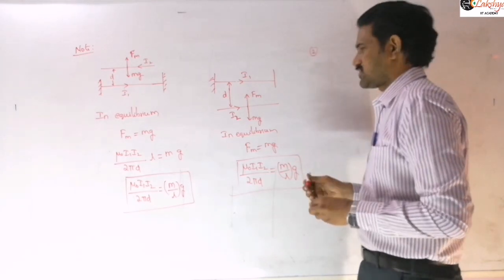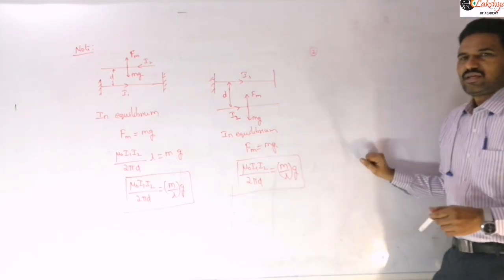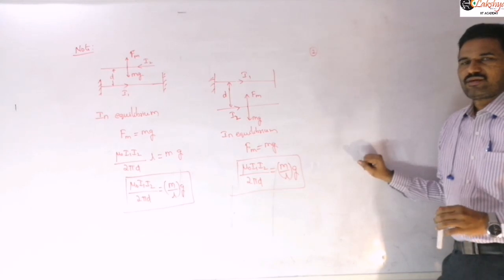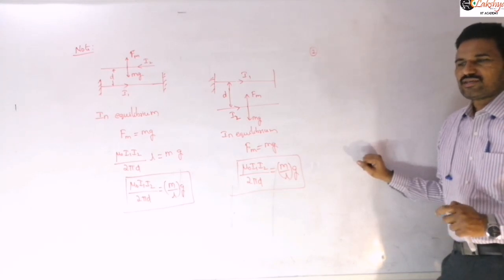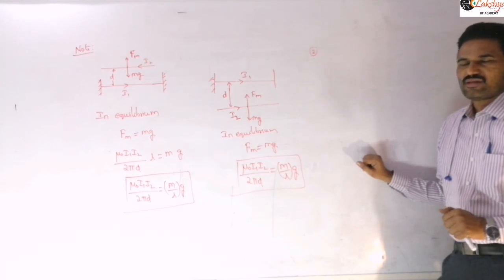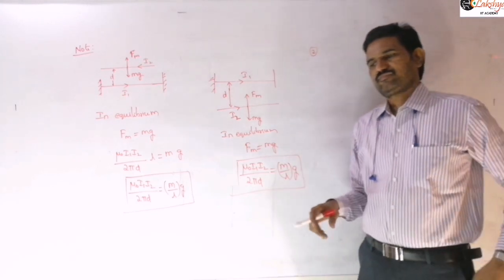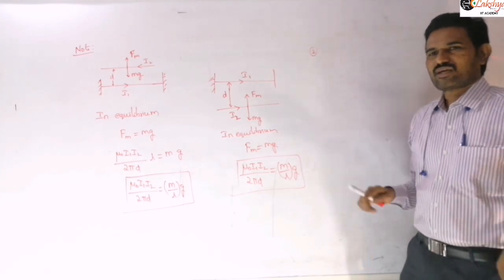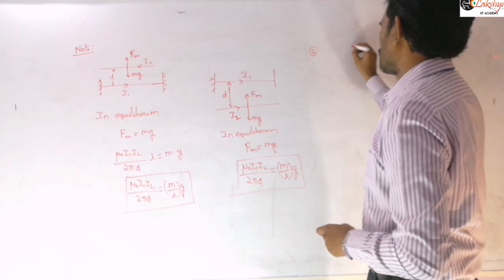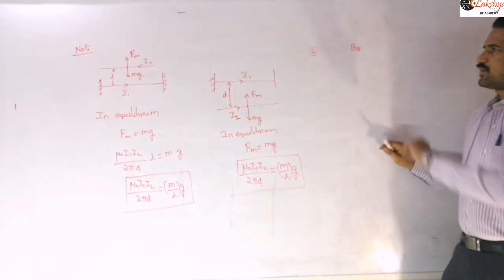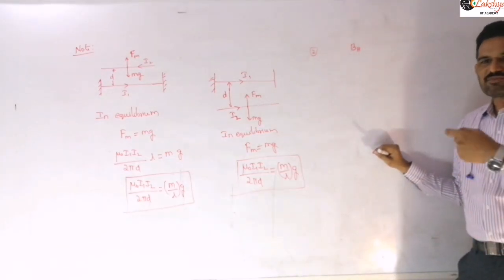The next, let us mention another point here. If a current carrying conductor is placed along east-west, and a current is flowing towards east, in the Earth's horizontal component of magnetic field BH, horizontal component of magnetic field means we represent with BH.